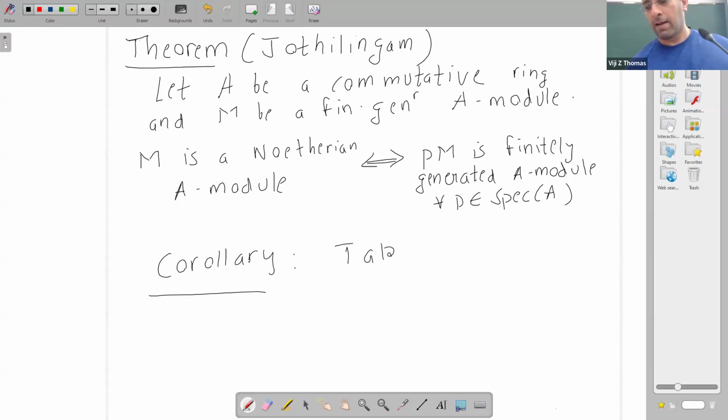Take M equal to A above, then let's see what it reads. Then A is a Noetherian A module if and only if PA is finitely generated for all P in Spec, meaning for all prime ideals of A. That is precisely saying A is a Noetherian ring if and only if every prime ideal is finitely generated.